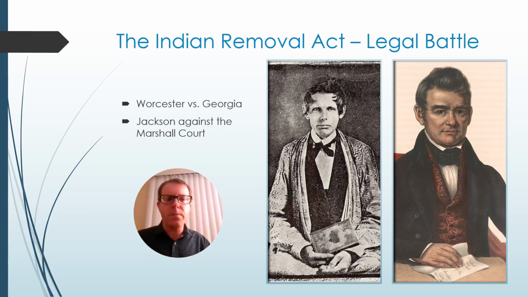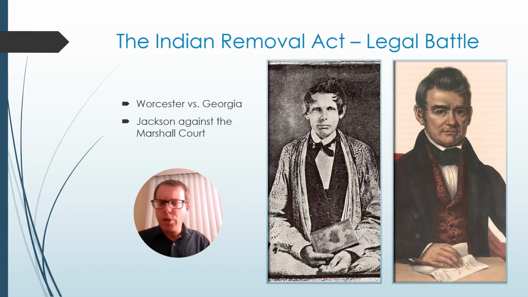And so Ross found that there was a white missionary who was living in the Cherokee Nation at the time by the name of Samuel Worcester. And Samuel Worcester was actually working within the Cherokee Nation. He helped to found the Cherokee Phoenix, which was the first Cherokee language newspaper.